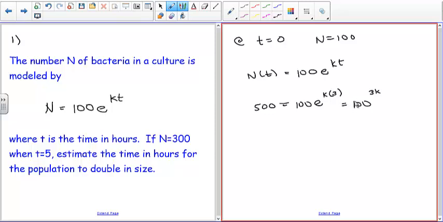We're going to use the properties of logarithms. We can take the log of any base, but we only have the natural log and the log base 10 in our calculators, so we'll use the natural log.